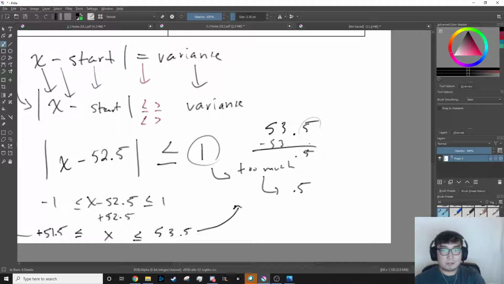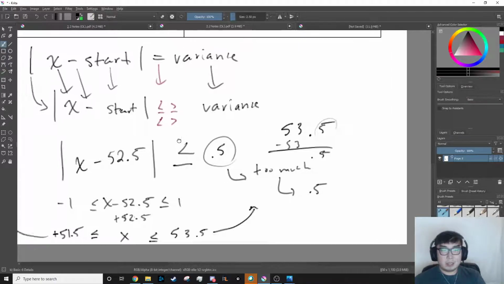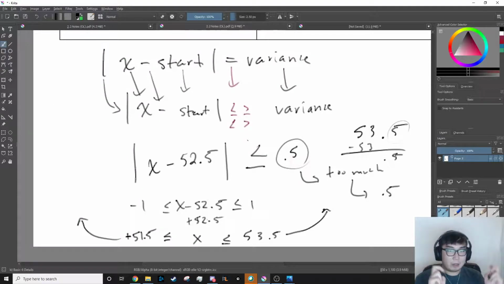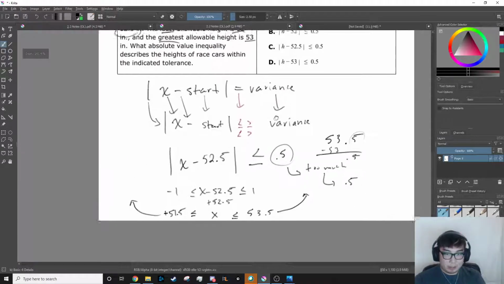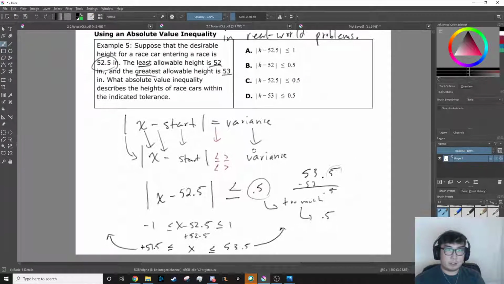So I actually need to erase this. Now that I've guessed and checked my work, which is very important in absolute value because it's very hard to formulate these word problems because they're confusing, I just look for the one that makes the most sense, which is, oh, this one right here.